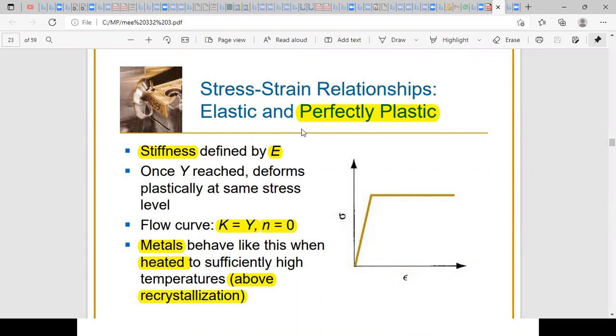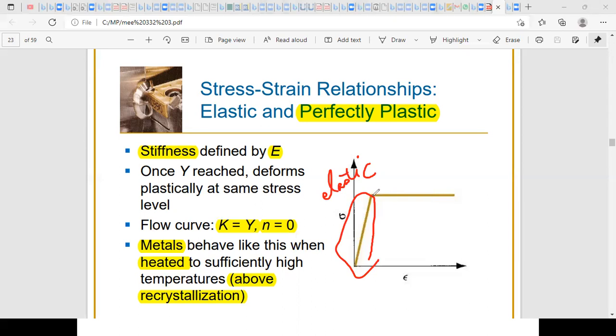So sometimes when you draw the sigma-epsilon profile, you'll observe this. You will have a certain elastic region at the beginning, followed by a plastic region, but in the plastic region, you don't need to increase the stress to produce deformation.